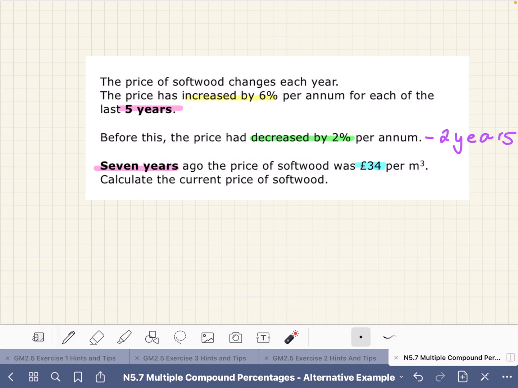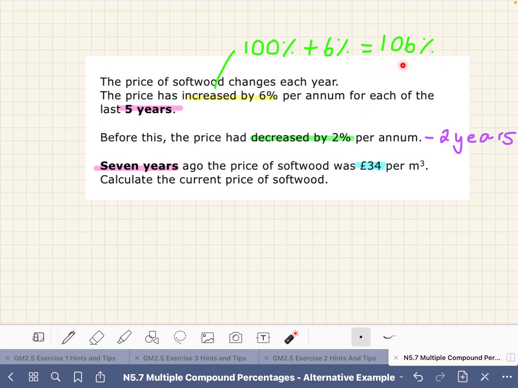Now we start to look at the values they've given us here. Okay, so it increased by 6%. Because it's an increase, that means we've got 100%, the value we started with, and we've got an extra 6%, meaning that we've got 106% altogether. We should know that we don't like to use percentages when it comes to our calculators.